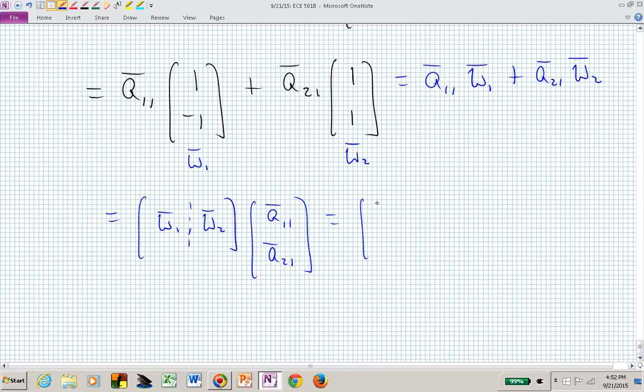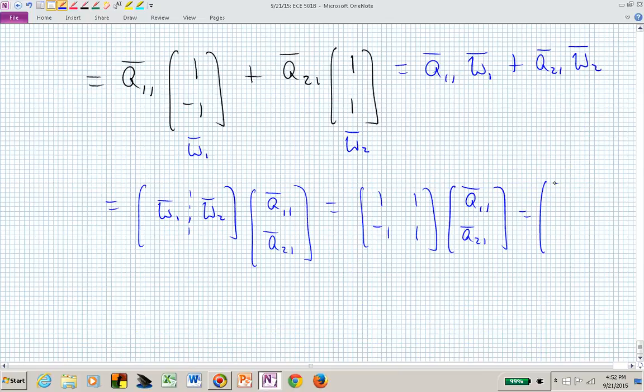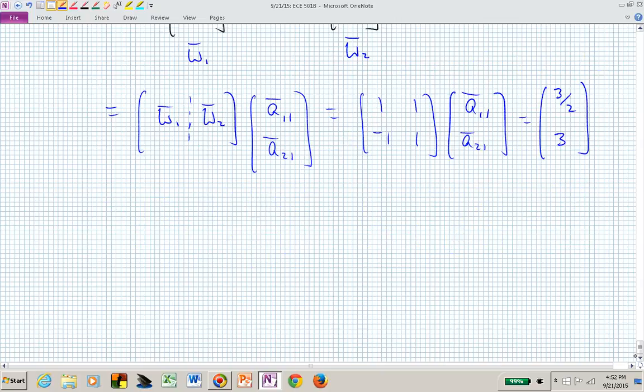If we plug these in, we have 1, minus 1, 1, 1, times A11 bar, A21 bar is equal to, and we found that to be 3/2, 3. We want to know how to combine W1 bar and W2 bar by the choice of these scalars, A11 bar and A21 bar, to obtain 3/2, 3.